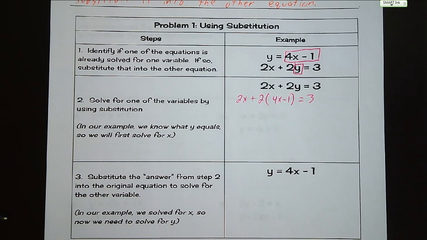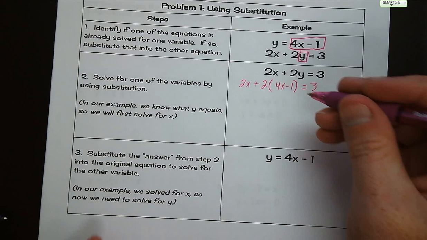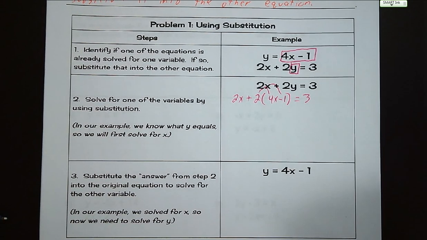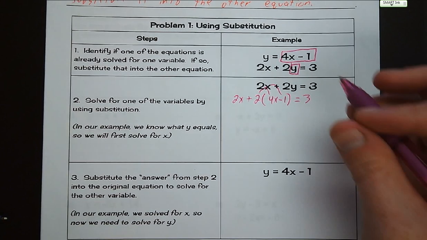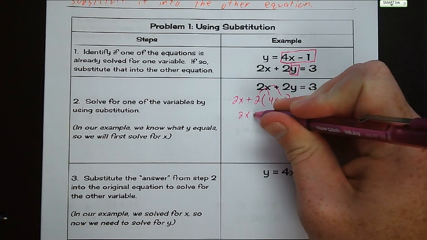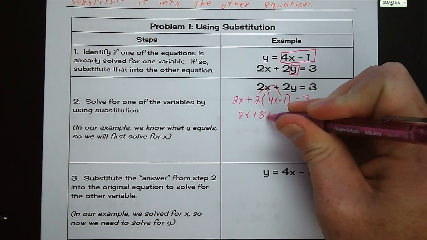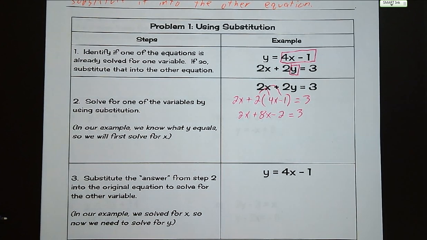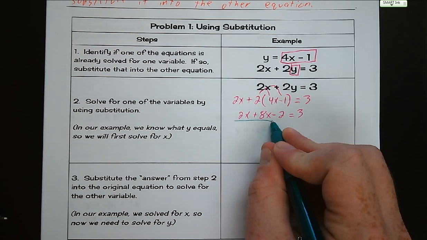All right, so what we need to do is solve this equation for x, and we've got distribution first. We're going to do 2 times 4x and 2 times negative 1, so 2x plus 8x minus 2 equals 3. Our next step is going to be to combine like terms.